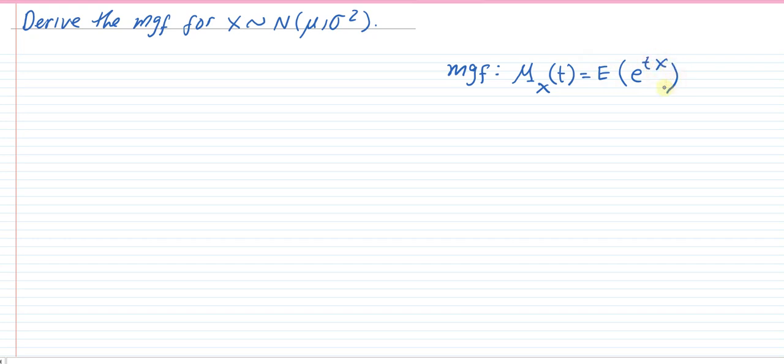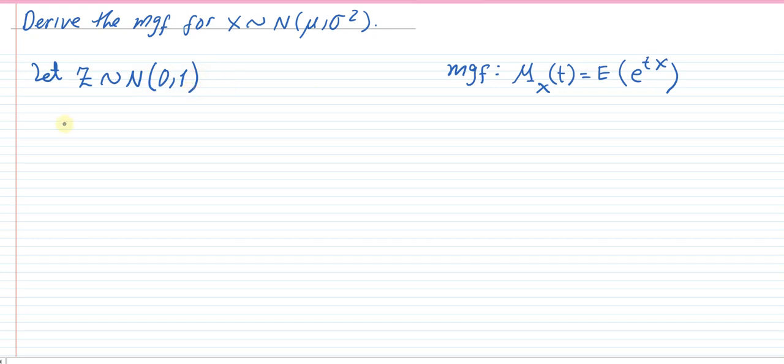Now, the approach I'm going to take, to make this a little easier, is to derive the moment generating function for the random variable Z. That's the standard normal distribution, that follows a normal distribution with mean 0 and standard deviation 1.